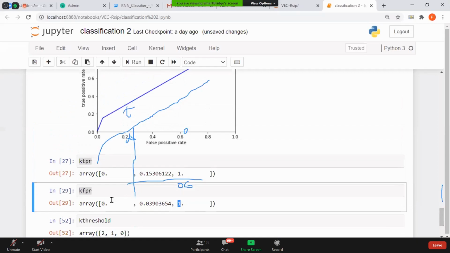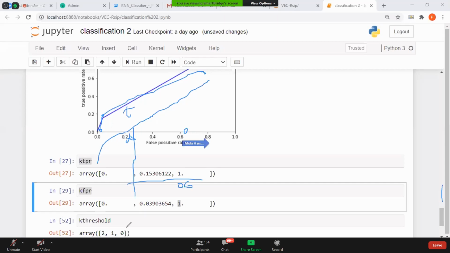So whenever you plot this 0 and 0, you get a point here. 0.15, 0.03, you get a plot here. And then 1 and 1, you get a plot at the top. Now if you join, it becomes like this. Right?